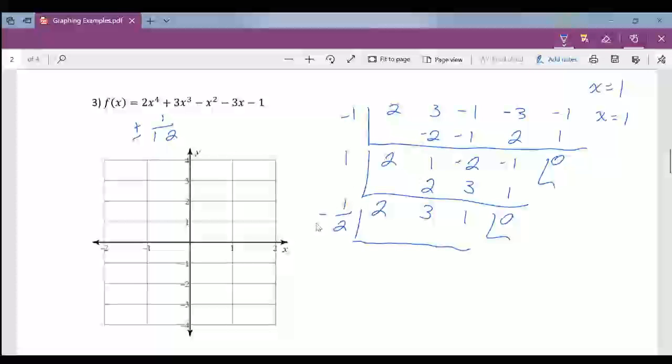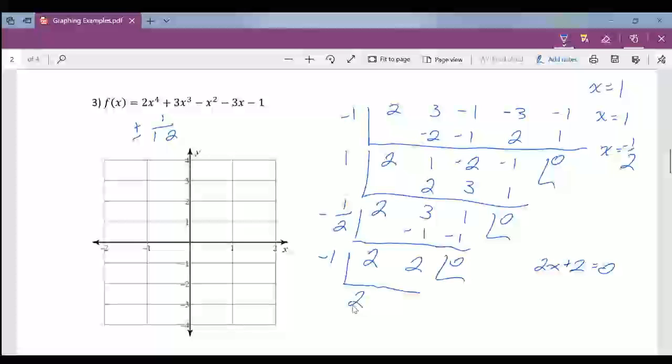So let's try negative 1/2. Bring down the 2, multiply, add, multiply. Oh, great. Well, there we go. So at this point, well, you know, I don't know why I was saying that negative 1 wouldn't end up working, because I think based on this, because this right here is 2x plus 2, and we can be fairly safe in saying that negative 1 is going to be the answer to that.